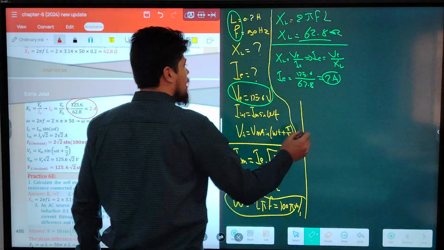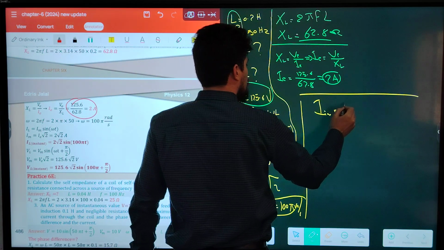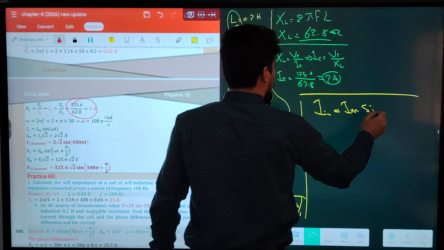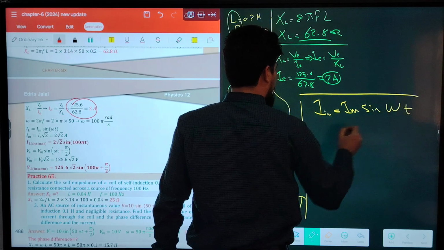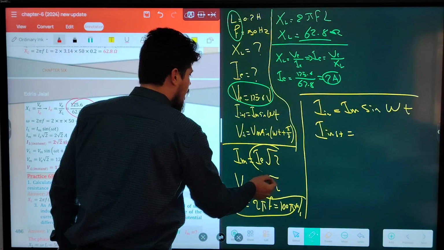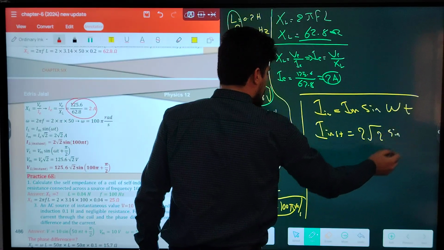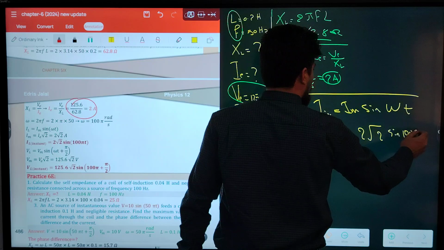This is omega. I instantaneous is equal to Im sine omega t. Do we have Im? Yes. IE radical 2, times sine 100 pi t.